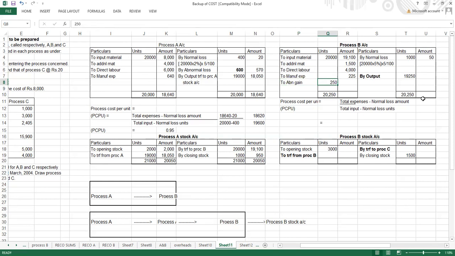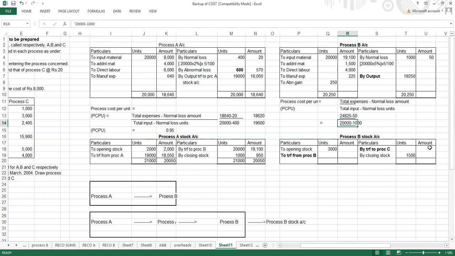Now again two figures are missing, amount of abnormal gain and output amount. So again we'll calculate PCPU. First I need total expenses on the debit side, 24,825, minus normal loss amount 50 rupees, upon inputs 20,000 minus normal loss units 1,000.